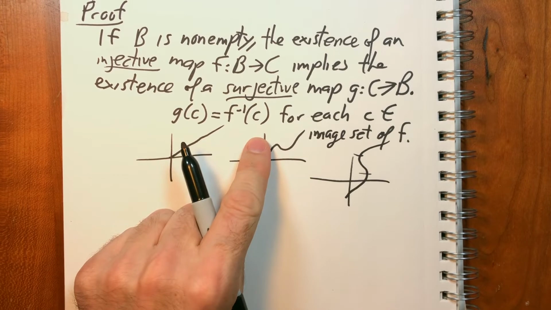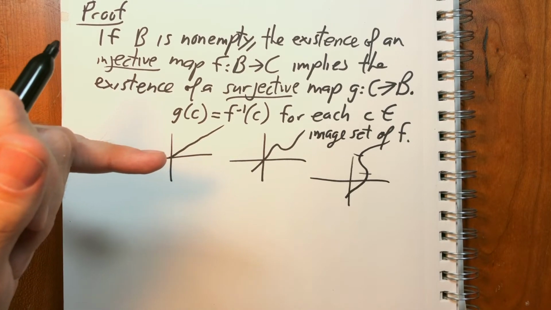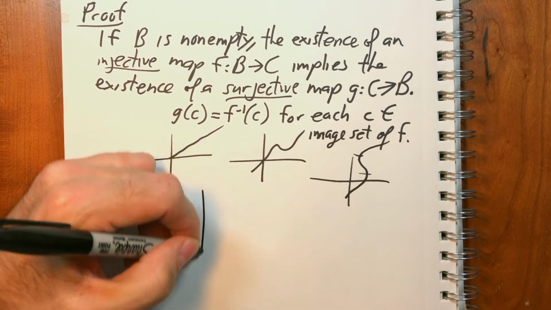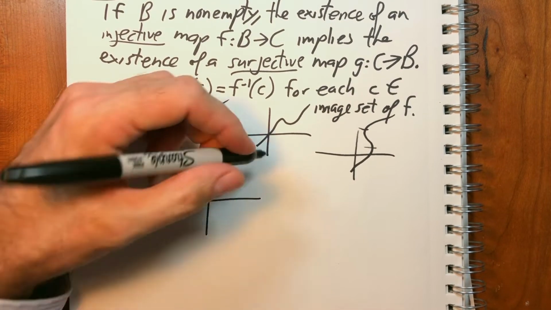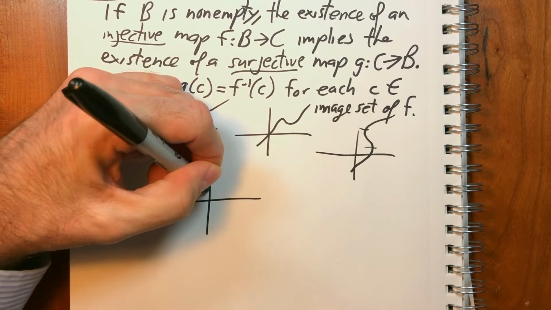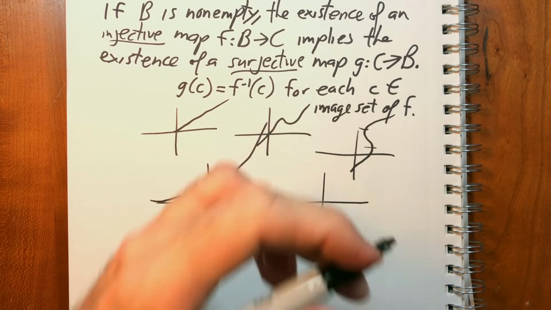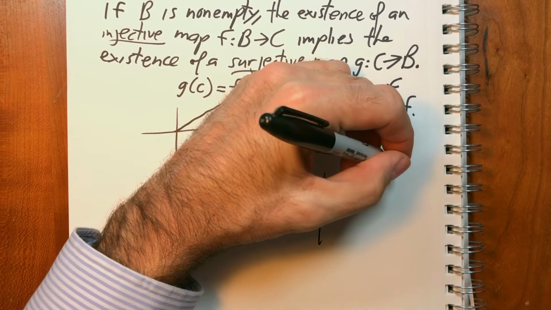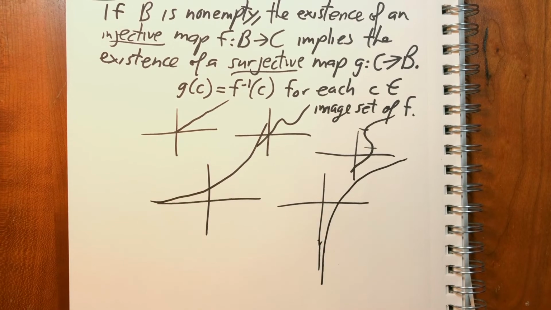And then what we know about that inverse function is that it's going to be surjective, because by definition, every element in the domain of a function is mapped to some value. So if we take the inverse of that function, then every element of the range is now mapped to by something in the domain. So that's the definition of surjective.